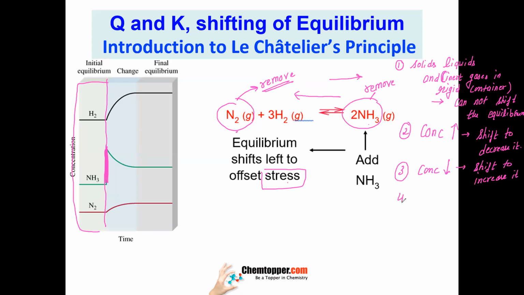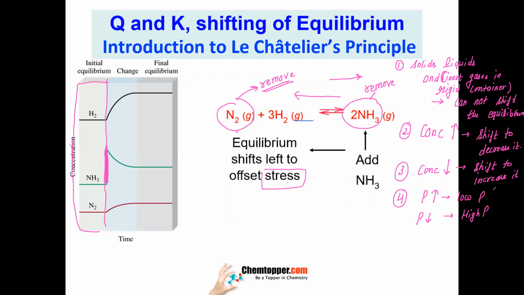Okay. Then we have pressure. If you increase pressure of the system, complete system, it will go in the direction of low pressure. If you decrease pressure, then it will go in the direction of high pressure. How to identify low pressure and high pressure?